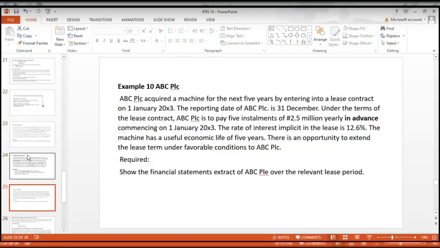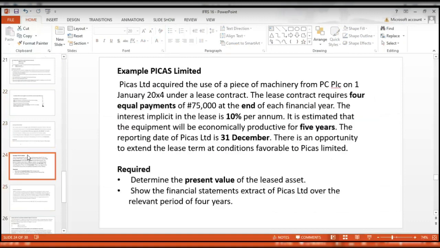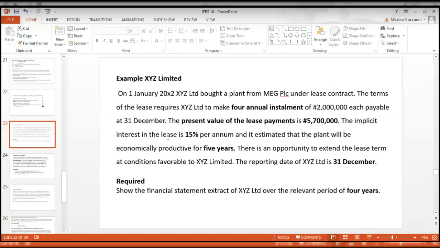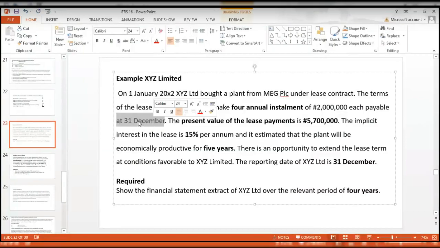Now, there is a difference between lease payment in advance and lease payment in arrears. The two examples we have treated have dealt with lease payments in arrears. If you look at this first example that I treated yesterday, they said the terms of the lease requires XYZ Limited to make 4 annual payments of 2 million each payable at 31st December, end of the year.